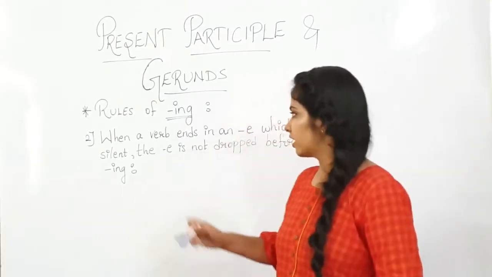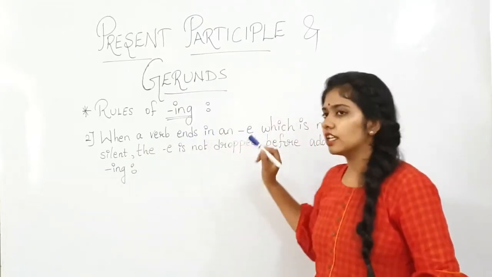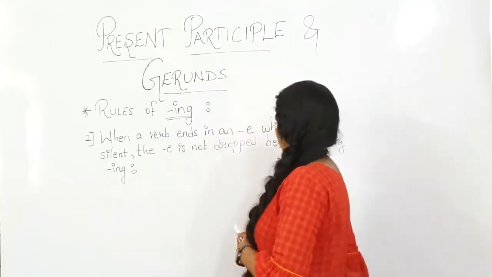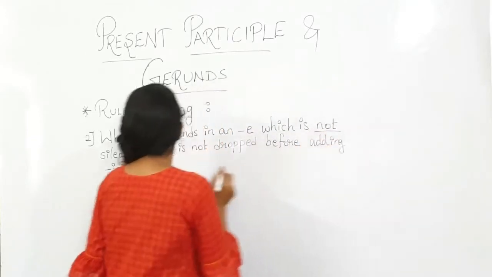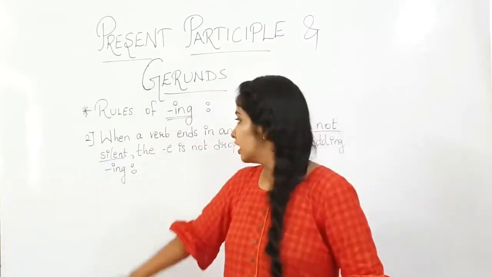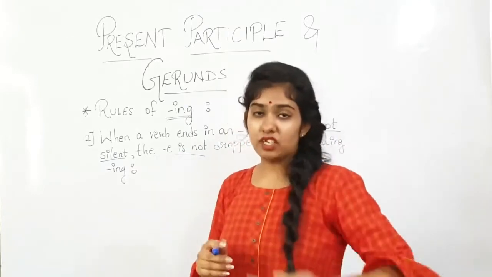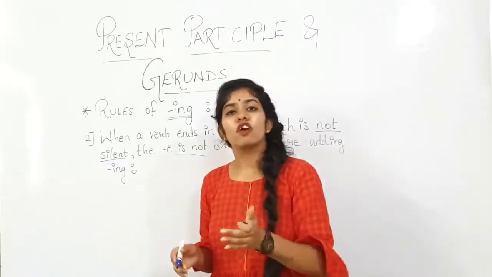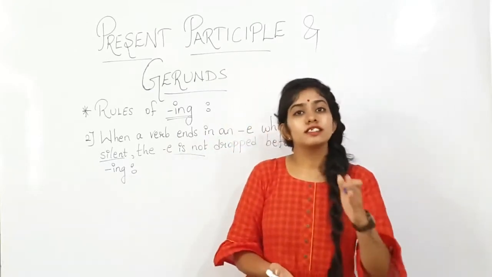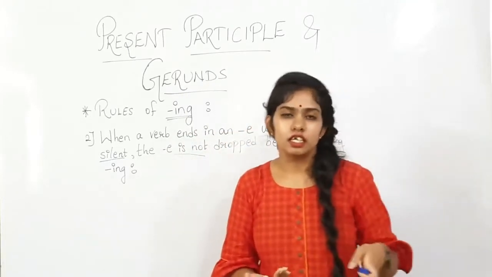Okay, now our second rule, that is when a verb ends in an E, means that when action words end with E which is not silent, then E is not dropped out. In the previous rule we have understood that when the word is ending with E, but over there the sound of the E is silent, so we were dropping the E, right?